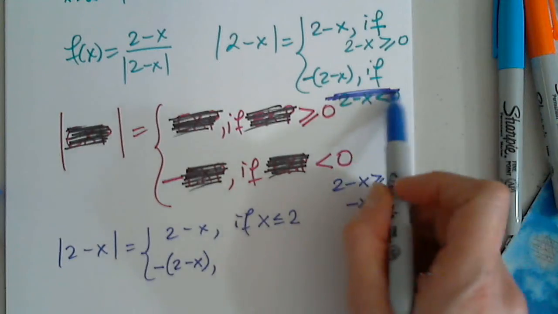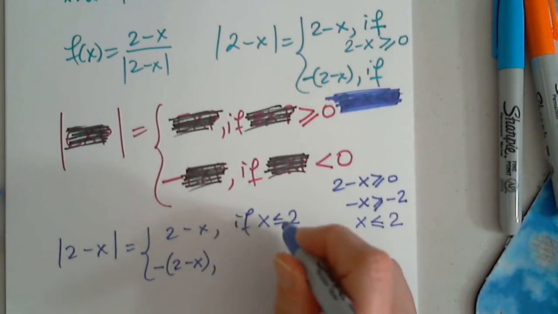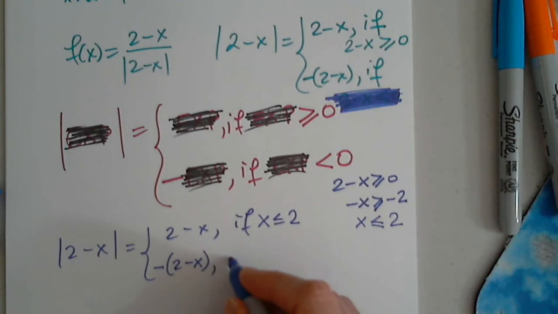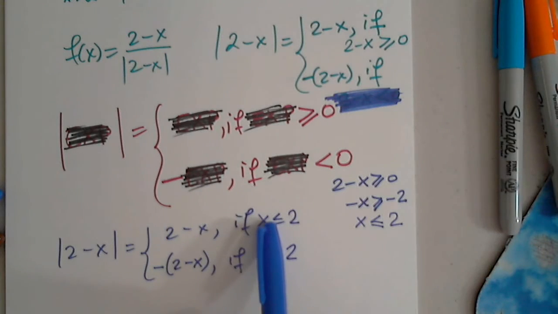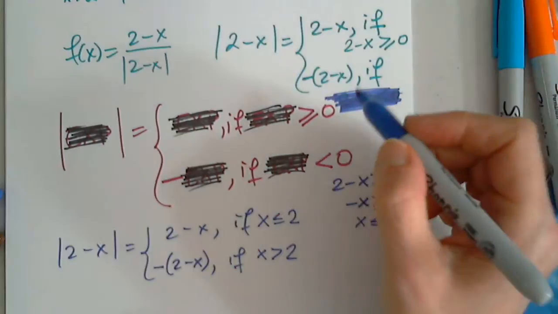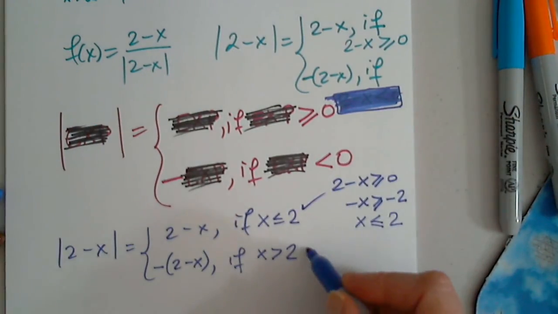I refuse to determine that, because whatever is not here must be here. It must be the opposite for sure. If this is less than 2, this must be greater than 2. If this is greater than or equal to 2, this must be less than 2. I never ever solve the second inequality. Once I have the first one, I know the second one.